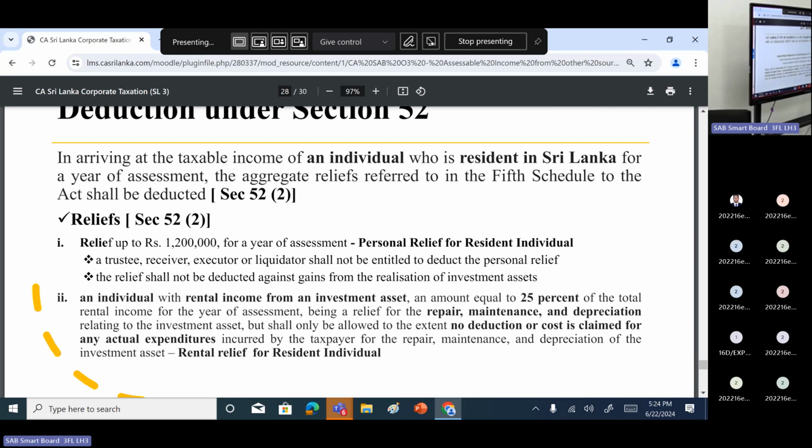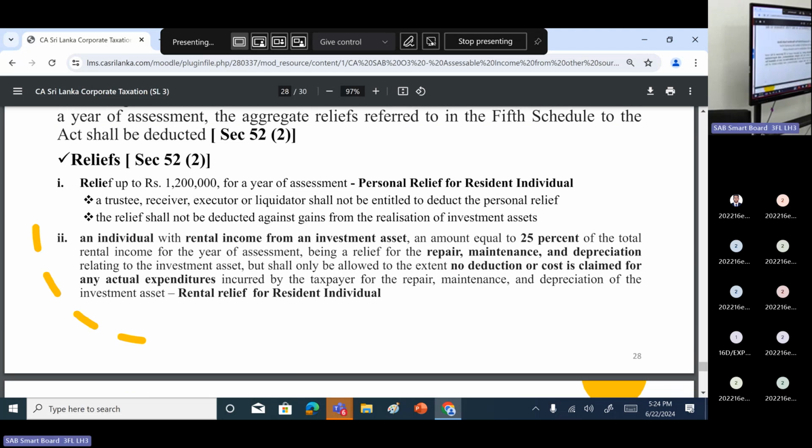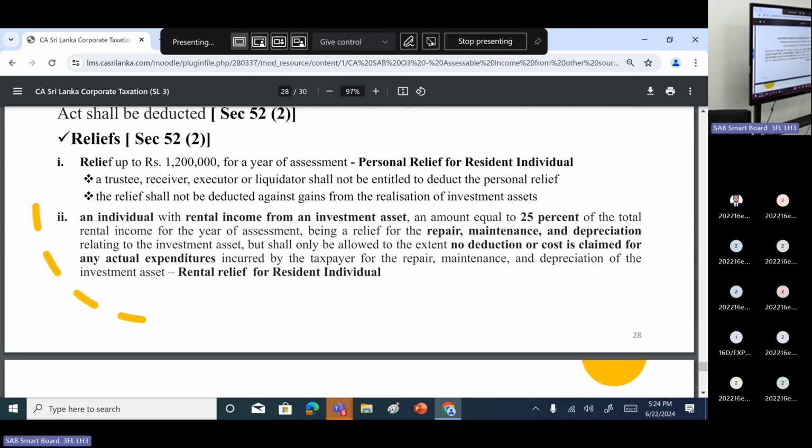More than 1.2 million is final withholding, so they can get that refund. So any resident individual can claim the 1.2 million personal relief, and a citizen but non-resident is also entitled to the 1.2 million relief.